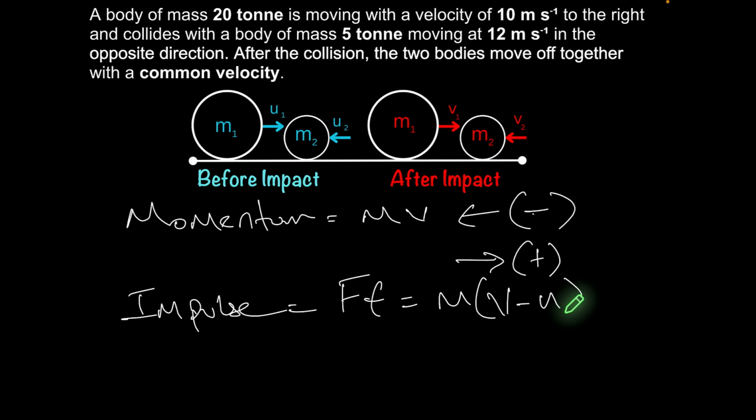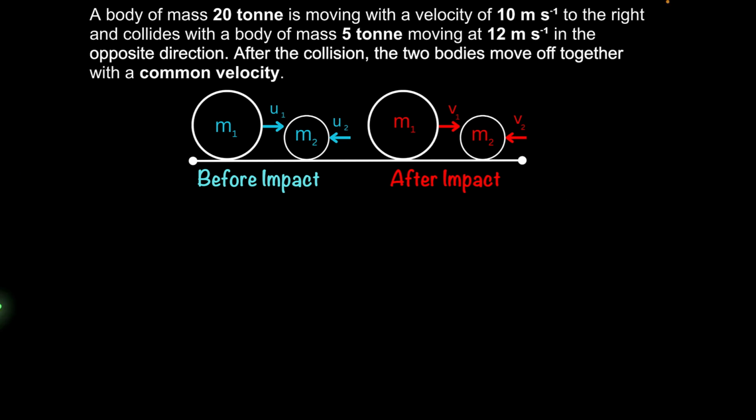Now let's get into how we will analyze this question. We have this body of mass 20 tons, and we're going to convert that into kilograms, just multiply by 1,000, and it's moving with a velocity of 10 meters per second to the right. That information, to the right, is there to indicate our sign convention.